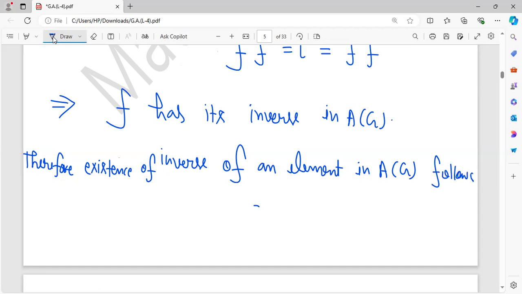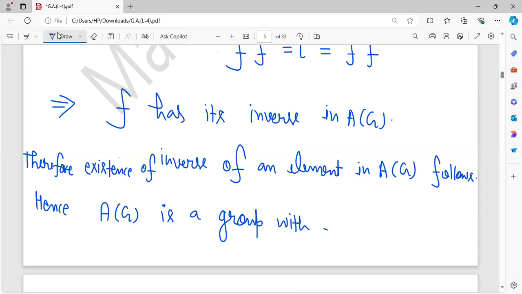Hence, AG is a group with respect to composition of functions.